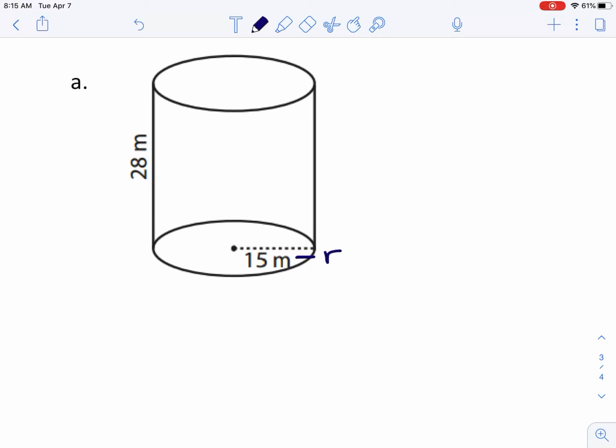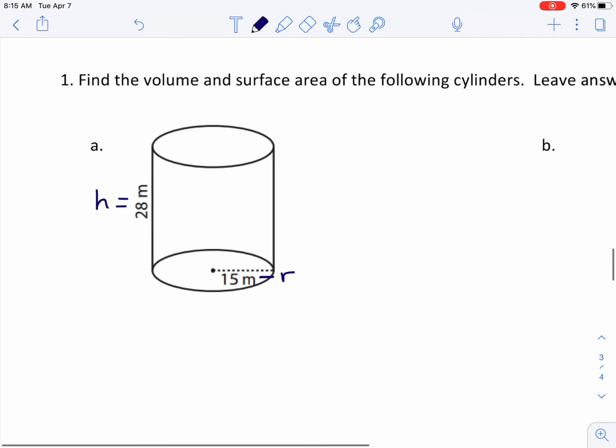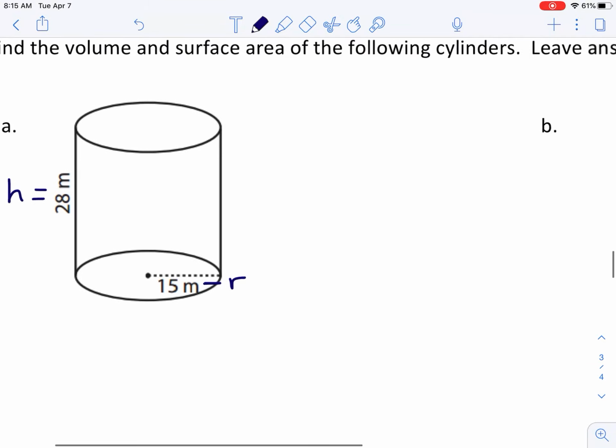Whoa, this thing's huge. This is the radius. And this is the height of my cylinder. So if I want the volume, it's pi r squared times h.